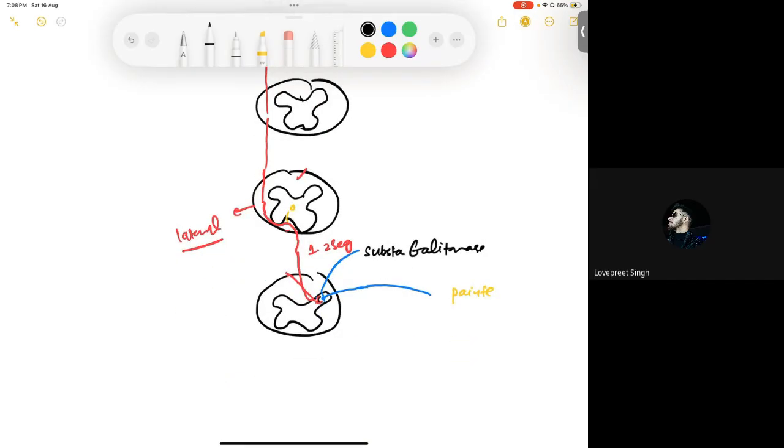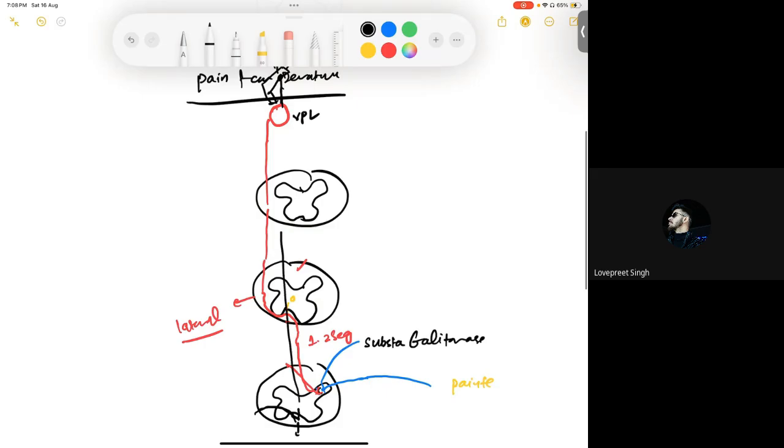We also have another sensation which is called crude touch. Remember, the pathway for crude touch also moves through this anterior column. Keep that in mind. So the pathway is the same. Again, it's going to decussate and move upward. And as they're moving upward, both of them are going to combine and make a single tract, which is also called the spinal lemniscus.